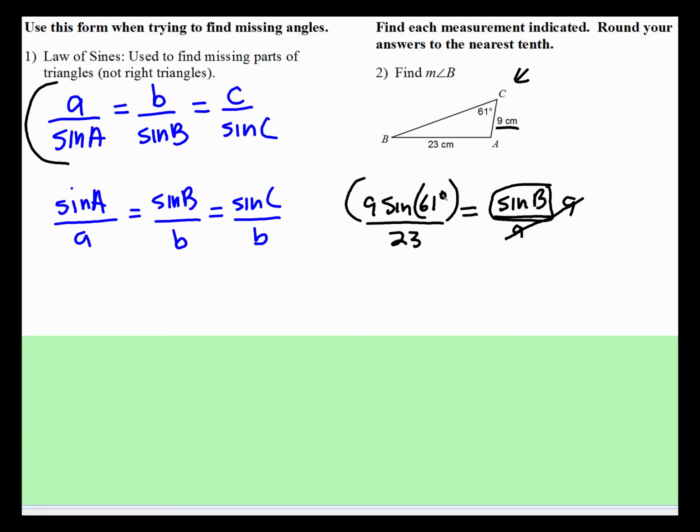Remember to do this correctly using parentheses. Then you just type into your calculator, left parentheses, 9 sine 61, and then right parentheses, divide 23. And that's going to give you this decimal number.